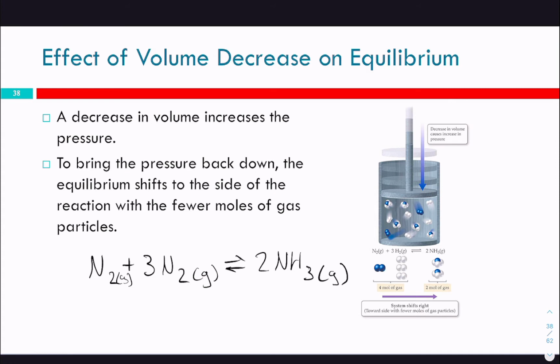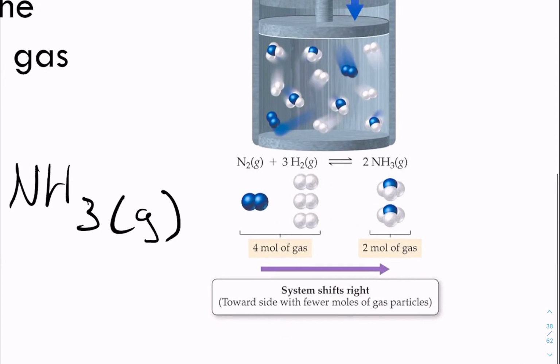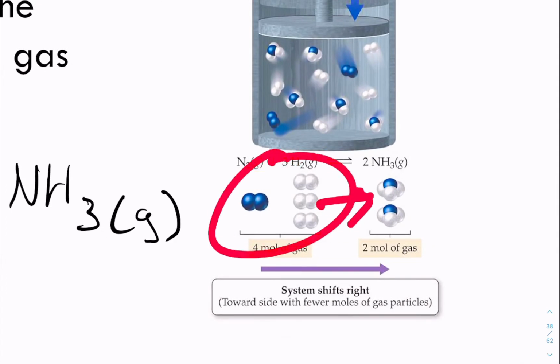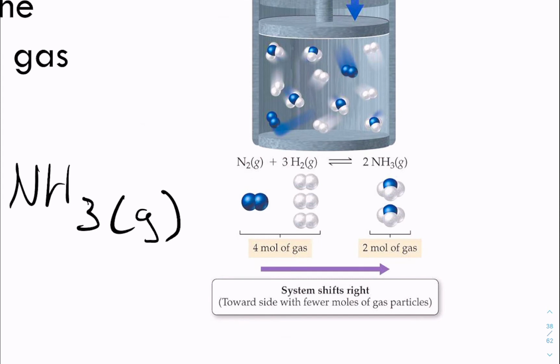If we increase the pressure, this reaction is going to want to shift to the side that has the fewest number of gas molecules. Because if we can combine multiple gas molecules together, there will be fewer particles in the space, so they'll occupy a smaller amount of space, and it will decrease the pressure.